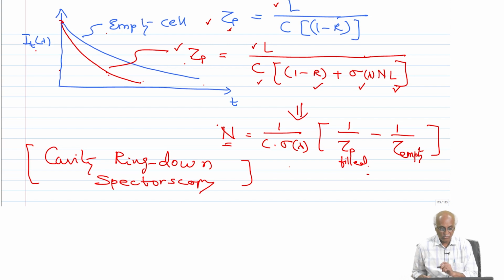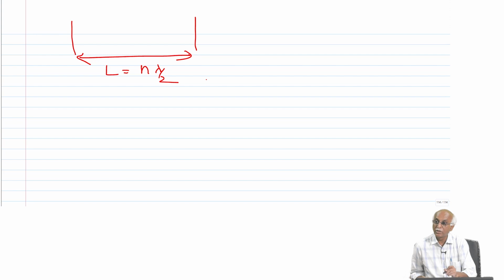However, if you can recall, the very important critical condition for such cavity ring down spectroscopy is that the length of the cavity should be maintained as n lambda by 2.